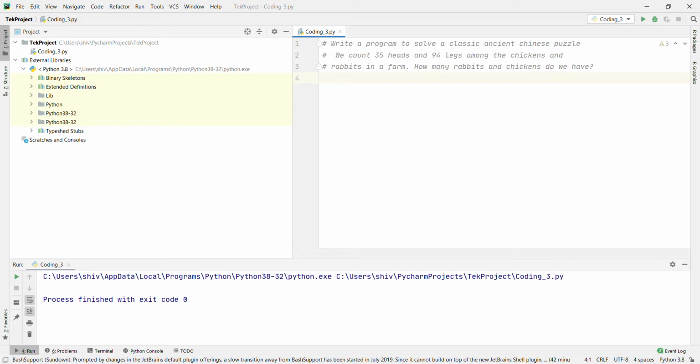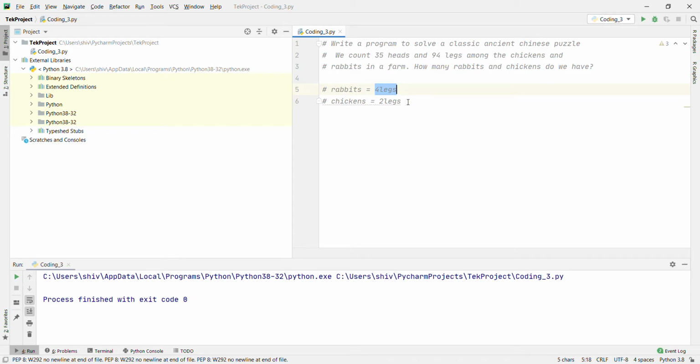What's the approach and how are we going to solve this one? For rabbits we have 4 legs, and for hens, the chickens, we have 2 legs. The 35 heads and 94 legs are the input parameters we pass into a function.